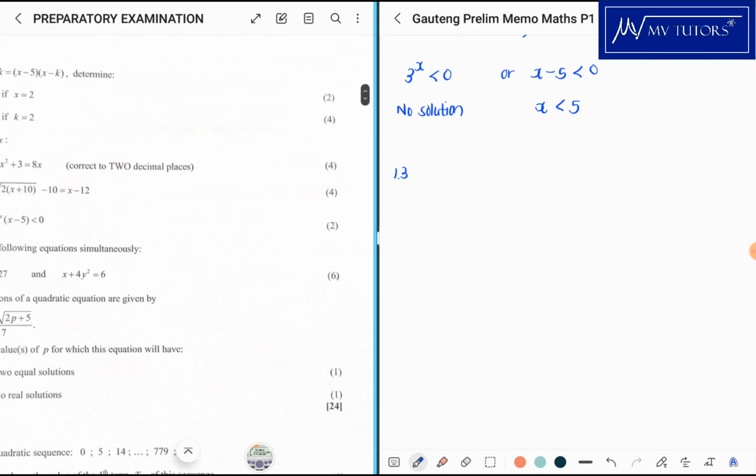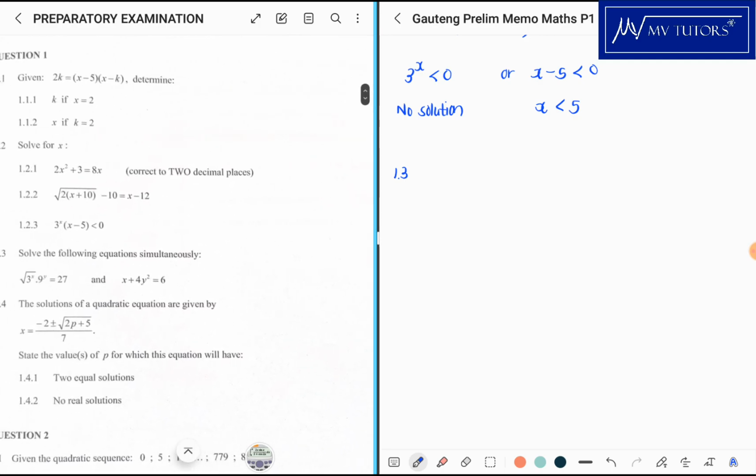Fun question to gather your marks if you do not make silly mistakes. So we have the square root of 3 to the power x, multiplied by 9 to the power y, is equal to 27. And we also have that x plus 4y squared is equal to 6. How are we going to solve this?